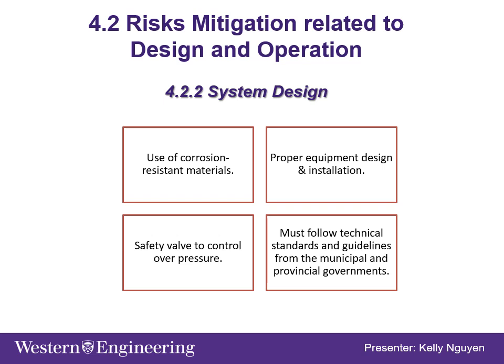Proper equipment design and installation, implementing safety valves or pressure relief valves to control overpressure, as well as following technical standards and guidelines from relevant authorities, including municipal and provincial government, help prevent catastrophic failures such as gas leak or equipment explosion.